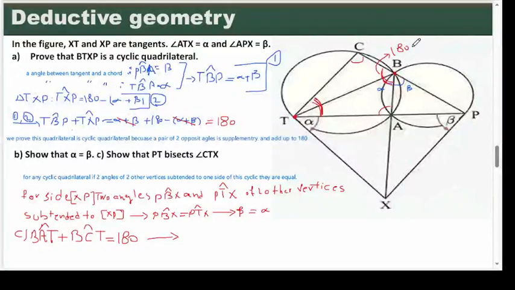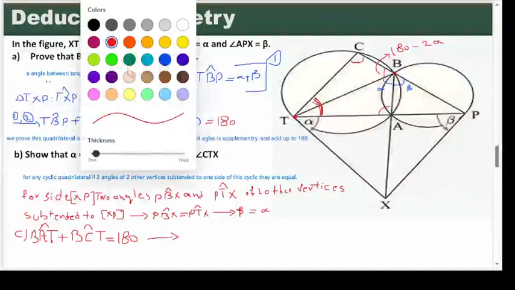We know alpha plus beta are the same, so minus 2 alpha. This angle would be 180 minus 2 alpha.